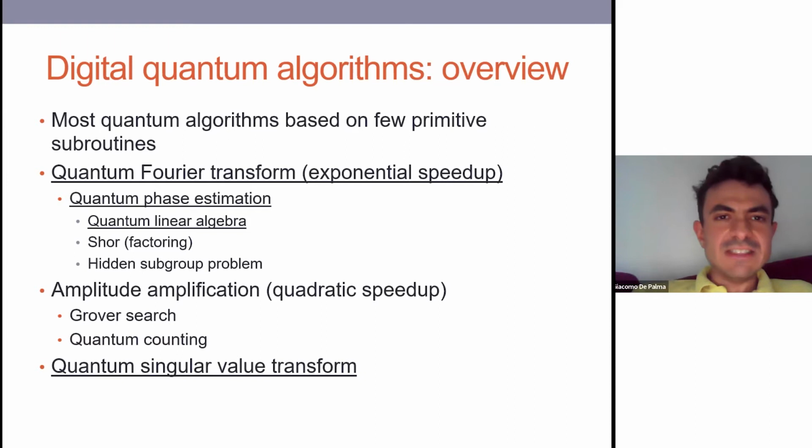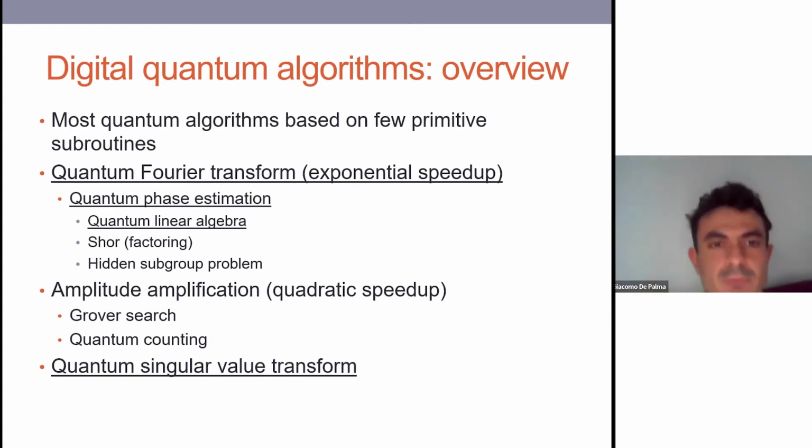And then if you want to study quantum algorithms, what you have to do is first study all these few basic subroutines on which the algorithms are based. And then once you know these subroutines well, you will see that the algorithms are mostly just a combination of these subroutines with some minor variation.